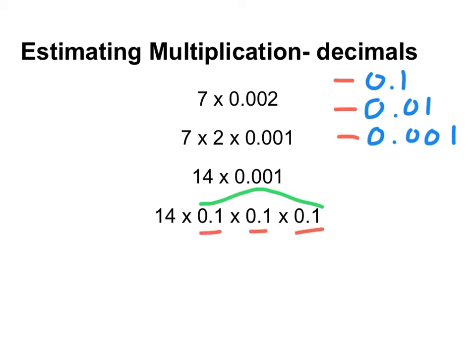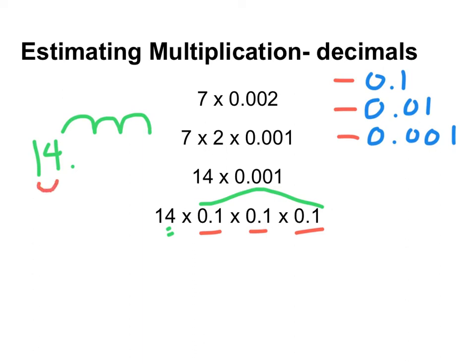So this means 14 with 3 place value shifts, and this time those shifts are going to go smaller. So the 4 is currently in the ones place, so it needs to go smaller. So it's going to go to the tenths, to the hundredths, to the thousandths place. The 1, same idea, starts in the tens place.